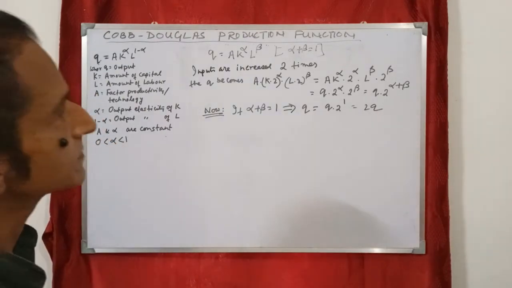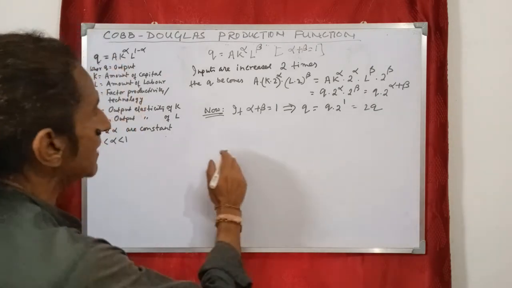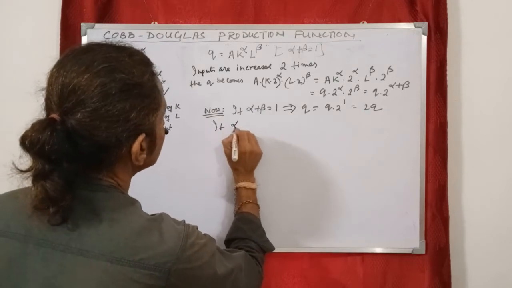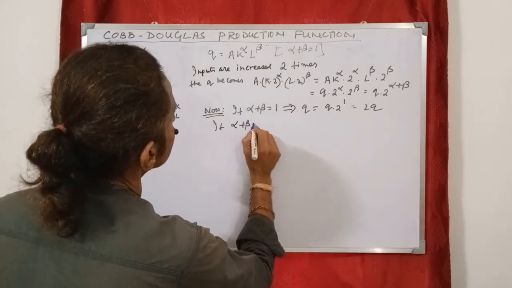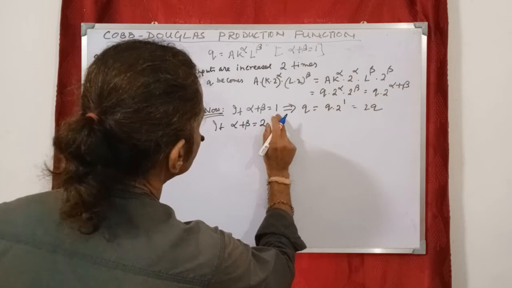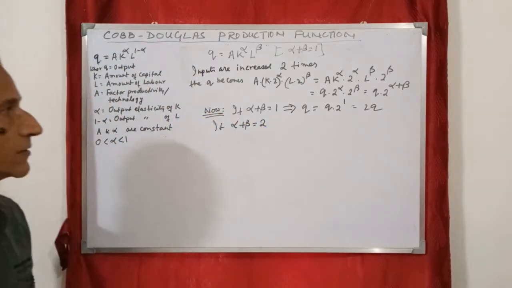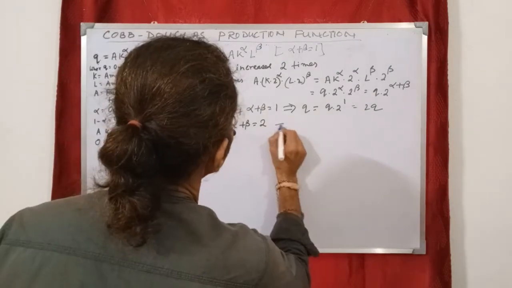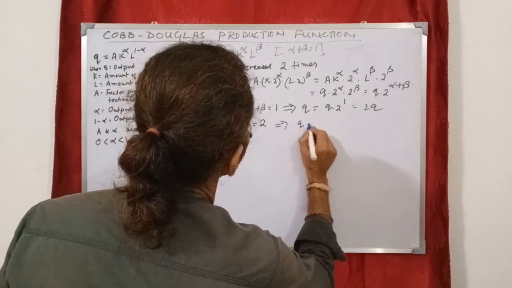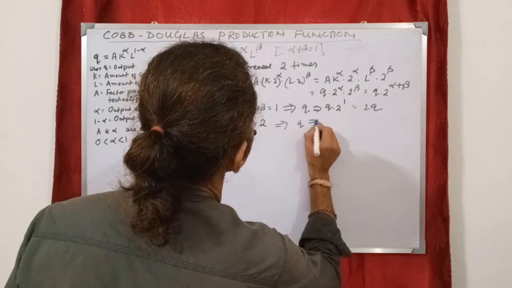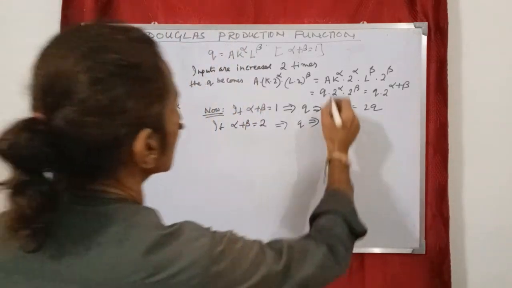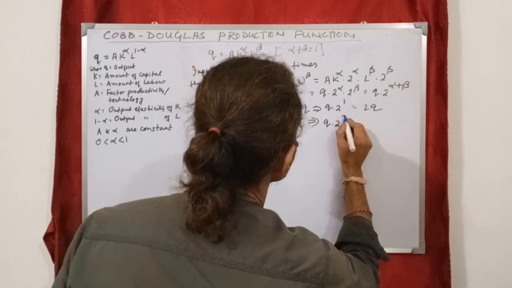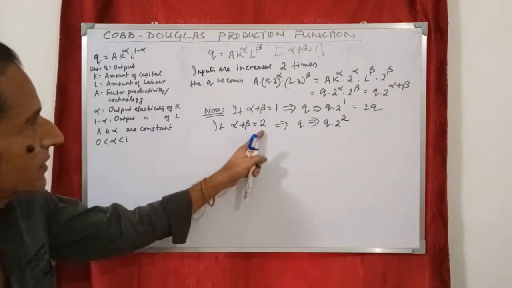Now suppose alpha plus beta is greater than 1. Say alpha plus beta is equal to 2, instead of 1 we take 2, that is greater than 1. Then what happens? Then Q becomes Q into 2 to the power 2, because alpha plus beta equals 2.